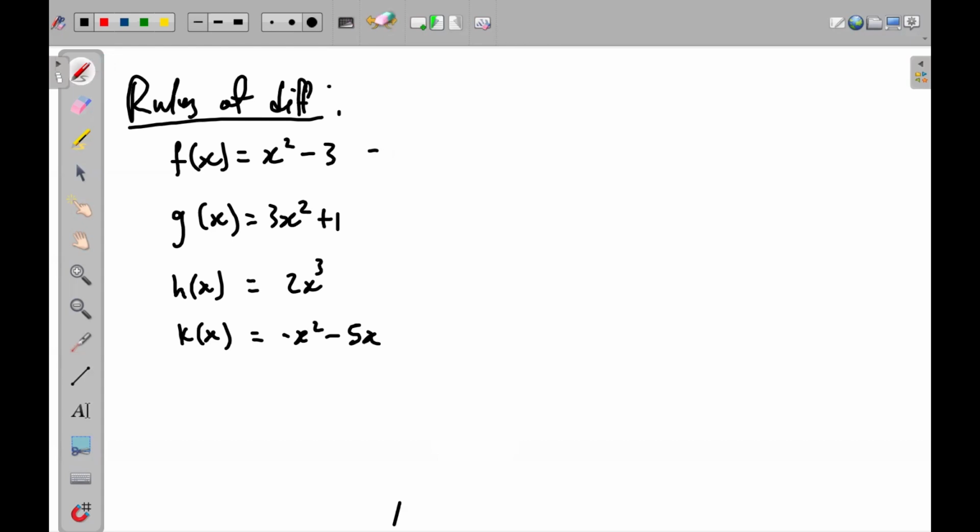If I ask you to find the first derivative of this, then obviously you will use first principles. What is interesting is that your answer is going to be 2x. Maybe let's use a different color for the first derivatives. So this implies that the first derivative is 2x. This here would mean the first derivative is 6x.